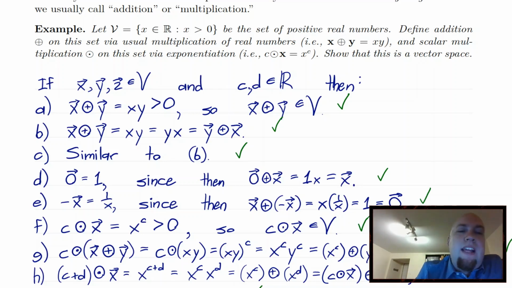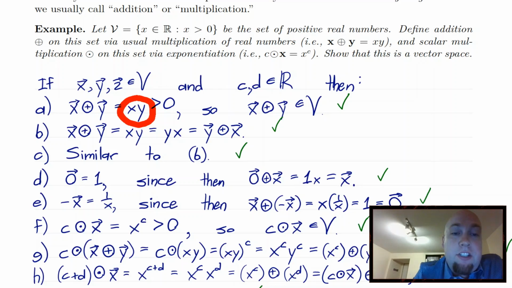So I have to show that if I do vector addition of two vectors in that set, I get something in that set. I've got to show that it's closed under vector addition. Okay, so I've got to show that x ⊕ y is still in that set. Well, how's that vector operation defined? Vector addition of x and y, that's the numbers x times y, okay?